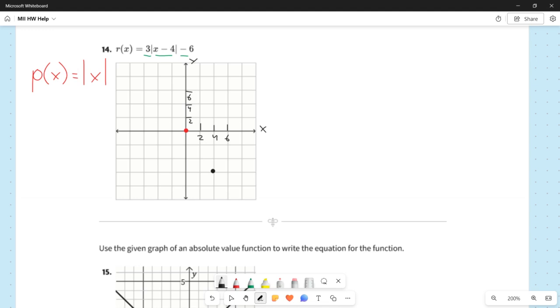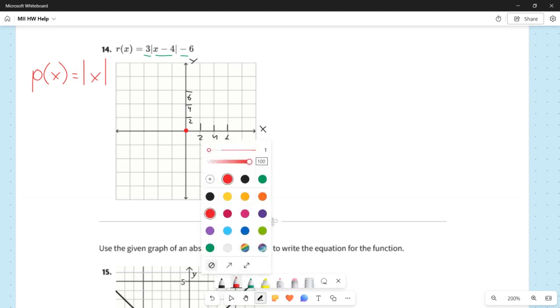Now we're going to think about the 3. What that 3 does is it causes all of our y values, all of our function results, to increase by a factor of 3. So the parent function's rate of change was 1, because there's an invisible 1 in front of the absolute value, but now that has become a 3.